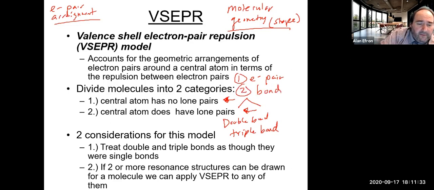So that's a very important thing to keep in mind when you're doing geometry. Double bond, triple bond, when you count them, it's one electron pair and also one bond.